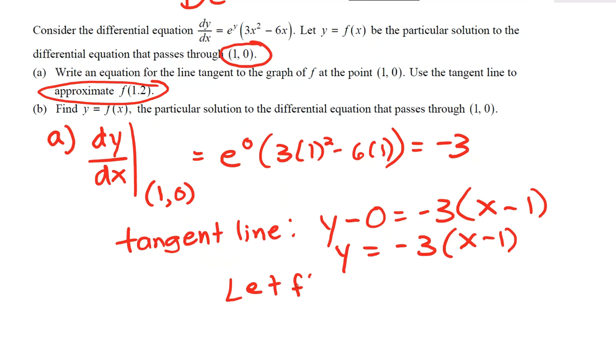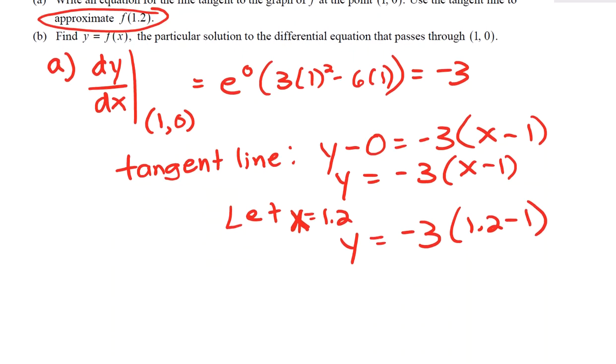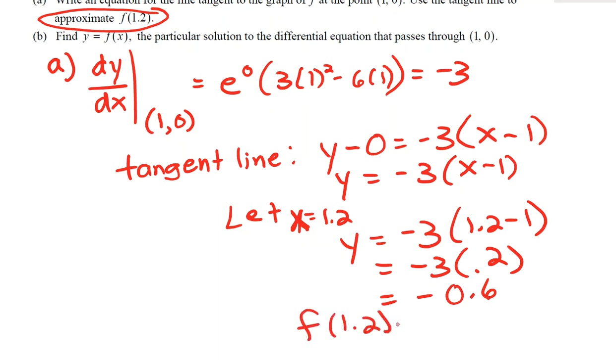Sorry, I wanted to let x be equal to 1.2. So we're going to put 1.2 in here, and we will come up with negative 3 times 0.2, or negative 0.6. And that is our approximation for our solution curve.